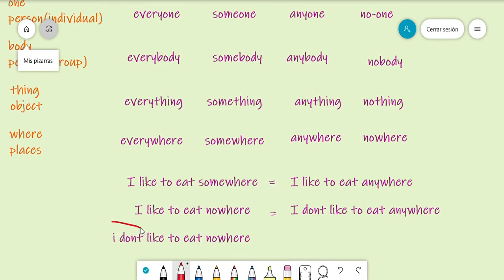You can't use it in this way. You can't use negative sentences with no. For that reason, you use any. When you have any, you have to use negative sentences if you want to take this meaning. And for affirmative sentences, you have to use it like this. These are the specific rules for some, every, any, and no in the case of the indefinite pronouns.